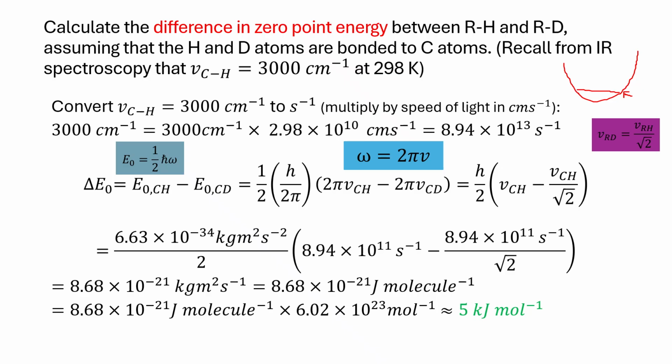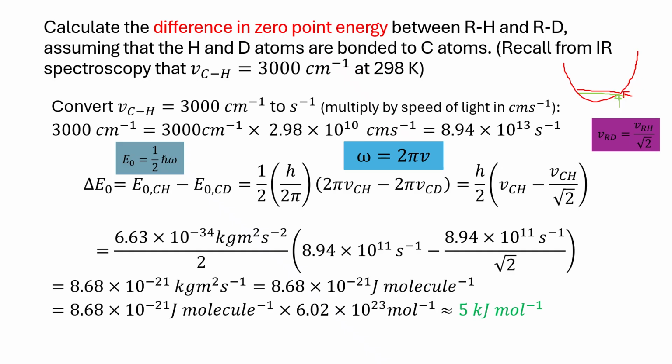So we have two different zero-point energies, one for RH and another one for RD. RD usually has a lower energy value compared to RH.